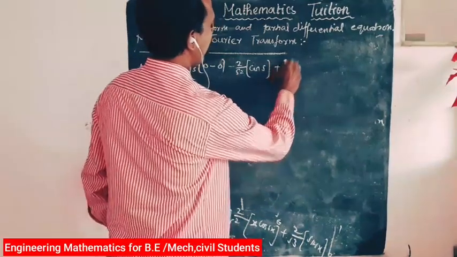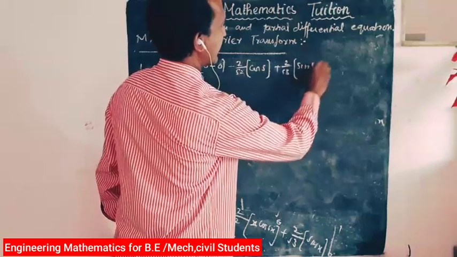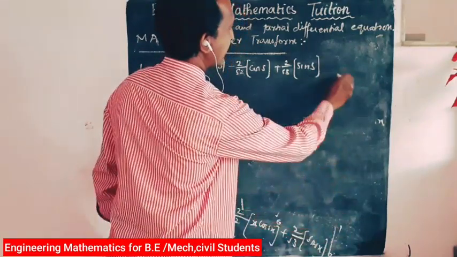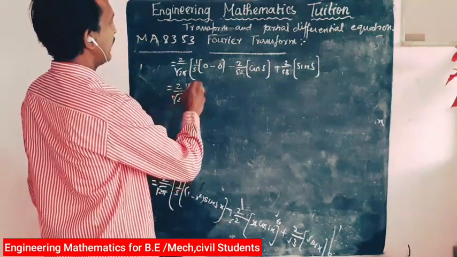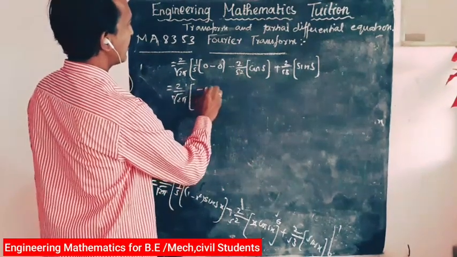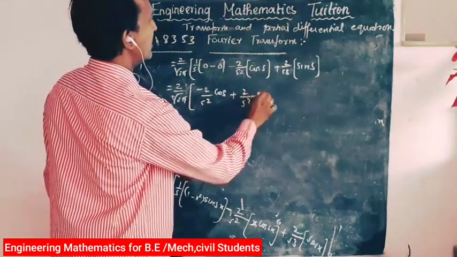Then the third step, plus 2 by s cube into sin s; the lower limit sin 0 is 0. So the result is 2 by root of 2 pi into minus 2 by s squared cos s plus 2 by s cube sin s.